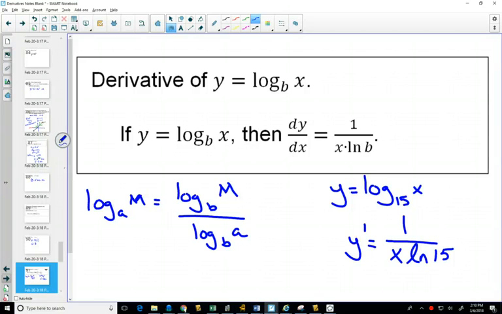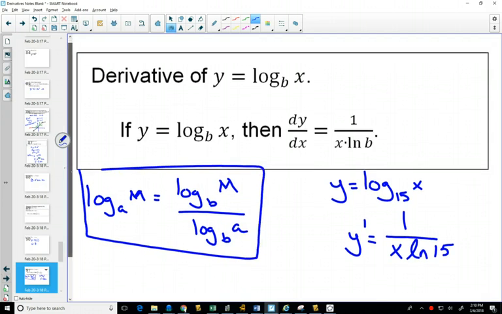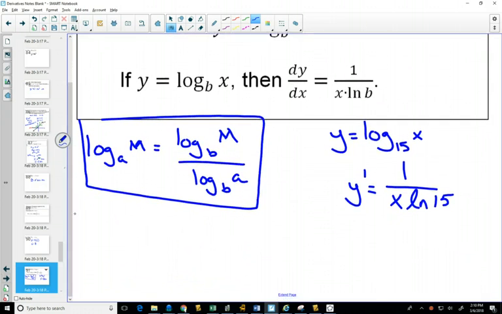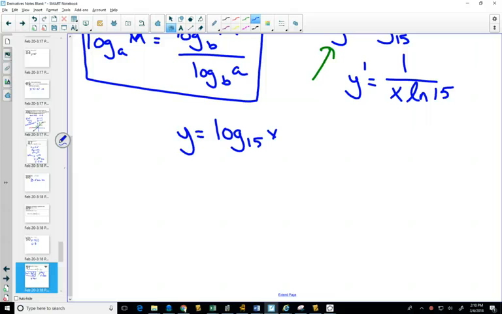That was your change of base theorem. What that means for this equation is that if I start with log 15 of x, I can rewrite it as y equals, changing the base to e, natural log of x over natural log of 15.